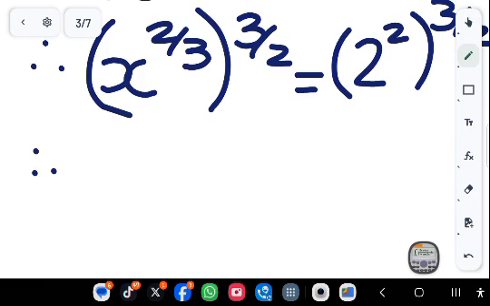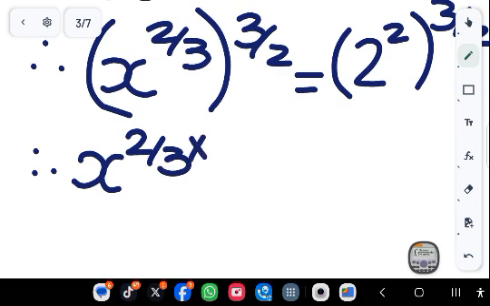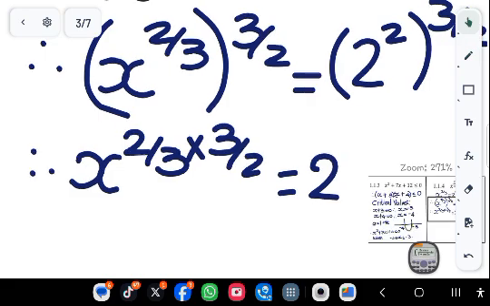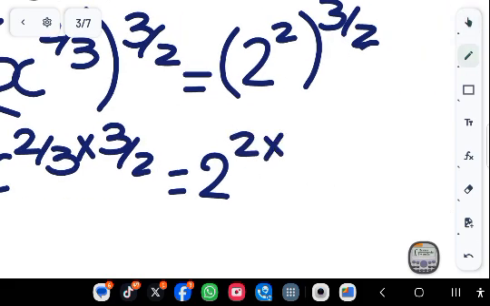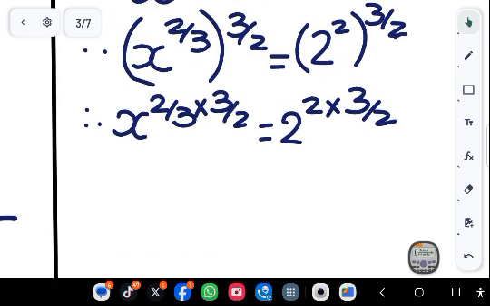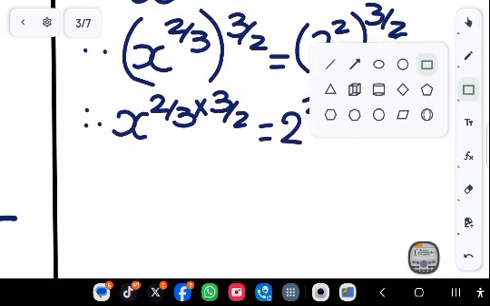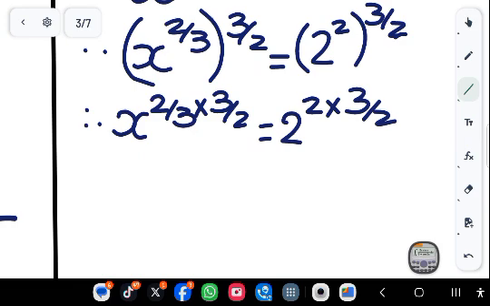Now therefore, these two, the exponents, multiply out. Same story over here, 2 times 3 over 2. And now notice here, the 3's and the 2's cancel out.